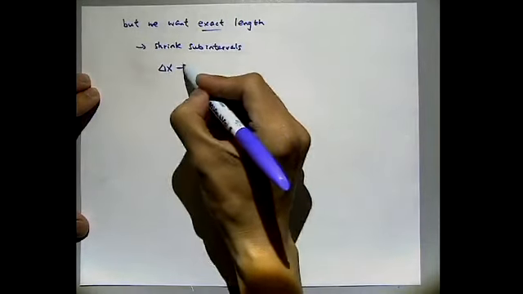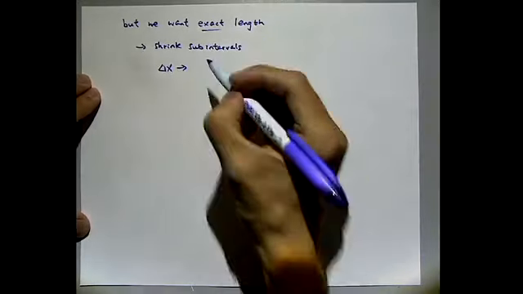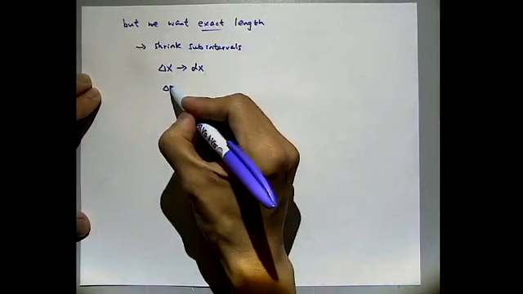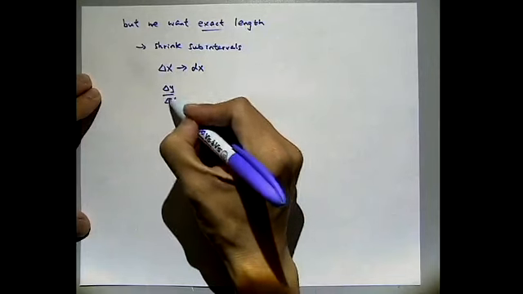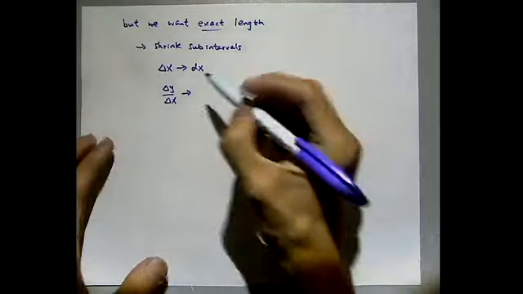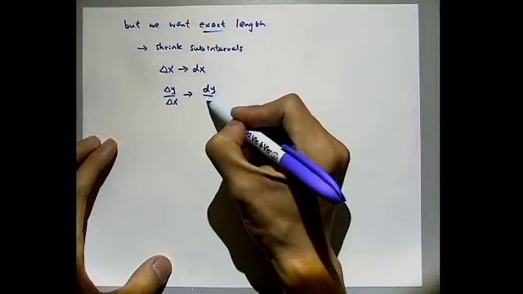That means after we do that, delta x will turn into dx, right? And delta y over delta x, what does that turn into when you shrink these things? Right, the derivative dy dx. Very good.